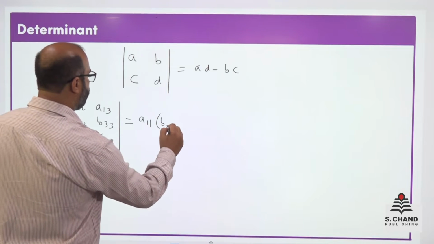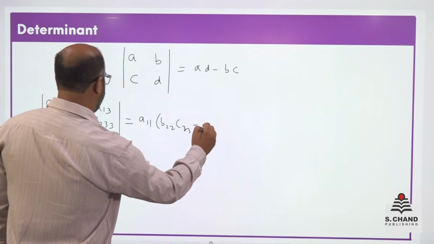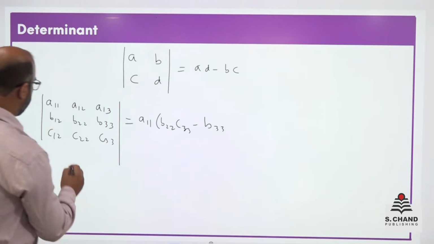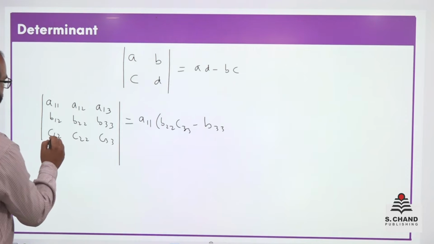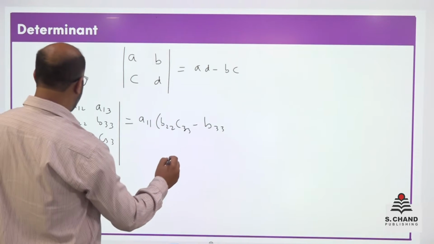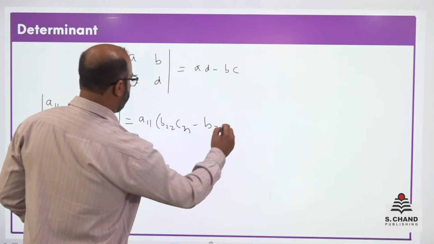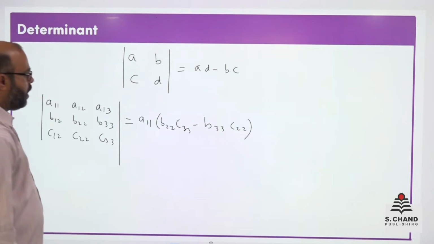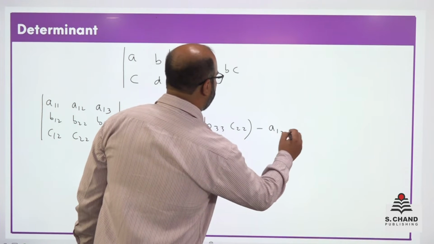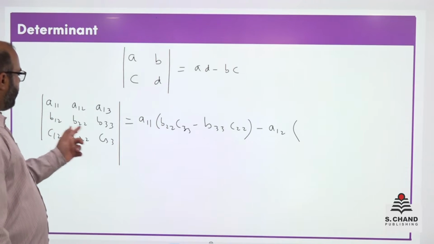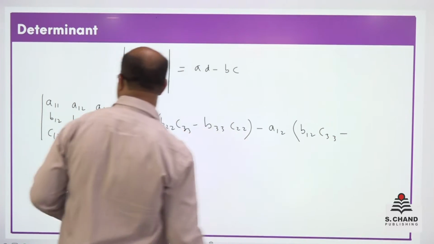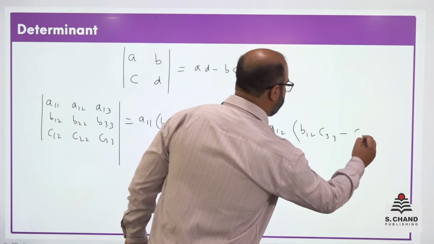So B22, C33 minus B33 into C22. And then let us come to A12, minus A12 and then B12 into C33 minus C12 into B33.